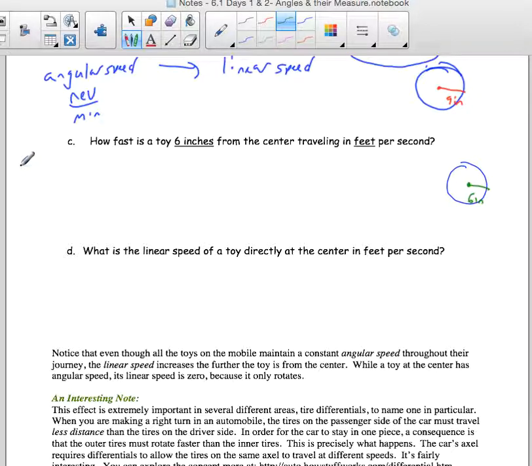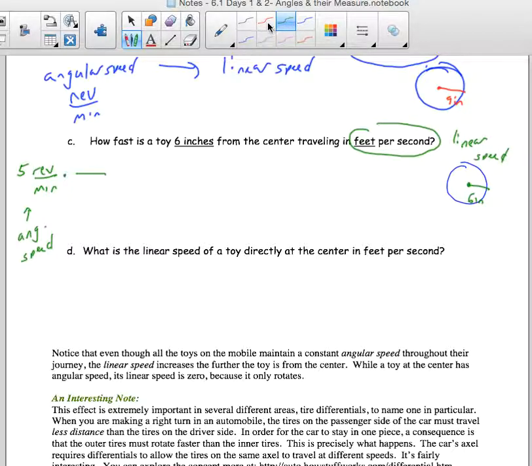We're given that the mobile has an angular speed of 5 revolutions per minute. That means it spins around 5 times per minute. So this is an angular speed, and we need to convert that angular speed into a linear speed. Eventually, we want that in feet per second.